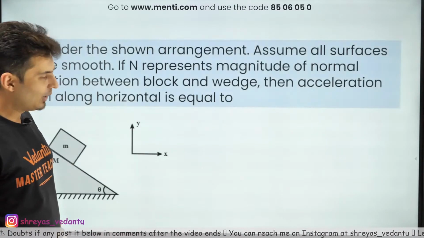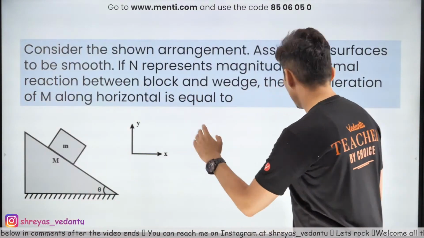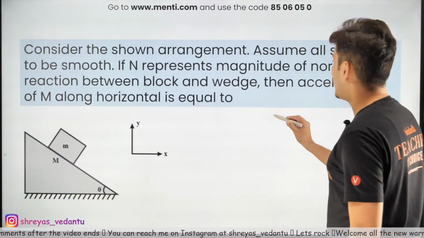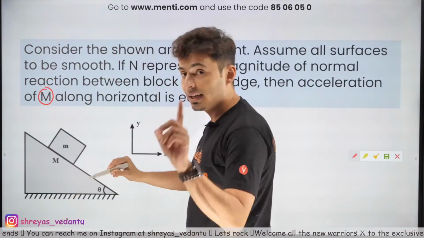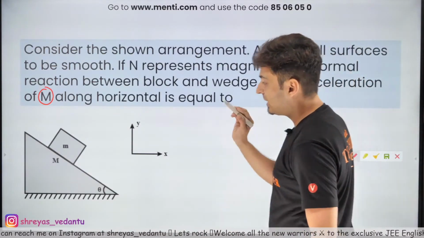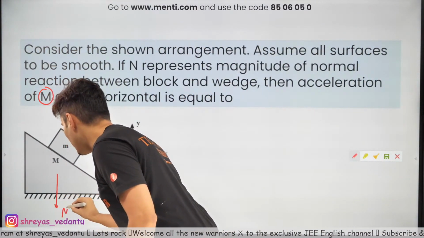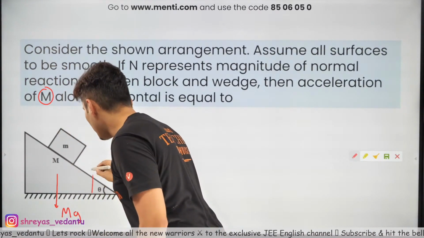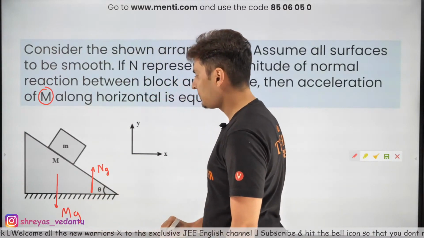Now let me tell you how to solve this. Look at this diagram, and only try to analyze the block of mass M, capital M. On capital M, what are the forces? There will obviously be one weight, which is capital Mg. There will be a normal from the ground, which I will call Ng.